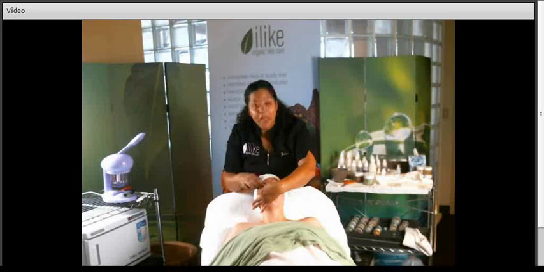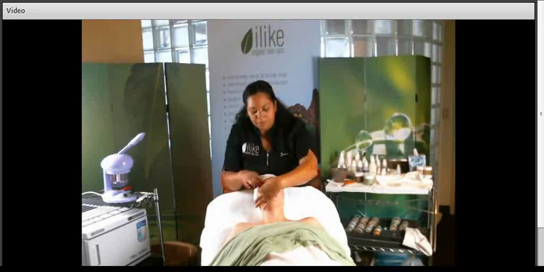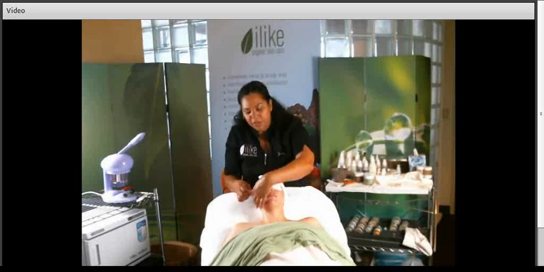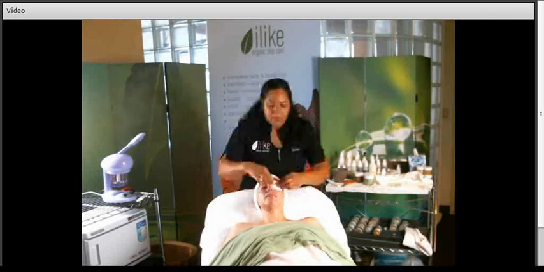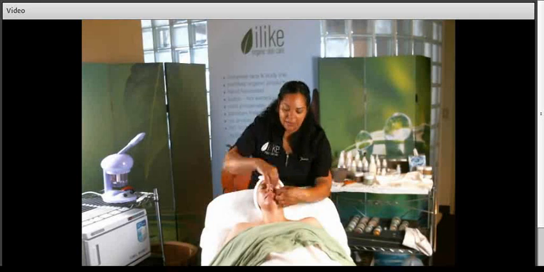The pad underneath the eye is going to catch all of that makeup. And then once you're done, you can remove the pad and throw your pad away. And the same with the pad on the next eye. Sweep gently across the eyelids, over the eyelashes.